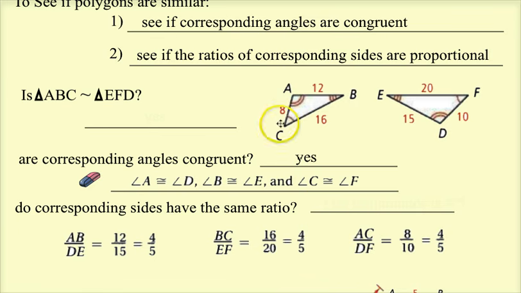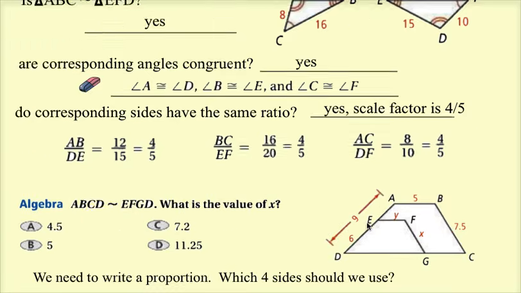AC, which is 8, corresponds to DF, which is 10, and 8 over 10 is 4 over 5. All of those corresponding sides have the same ratio. Their scale factor is 4 over 5. So yes, those triangles are similar because all the corresponding angles are congruent and the sides have the same ratio or scale factor.